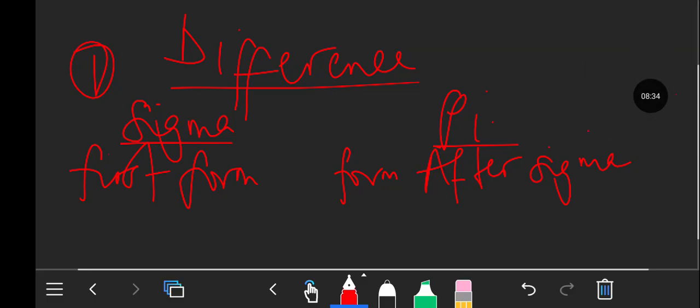But these pi bonds are formed after sigma bonds. So it is very important that we appreciate that sigma bonds are the first ones to be formed even before the pi bonds form.